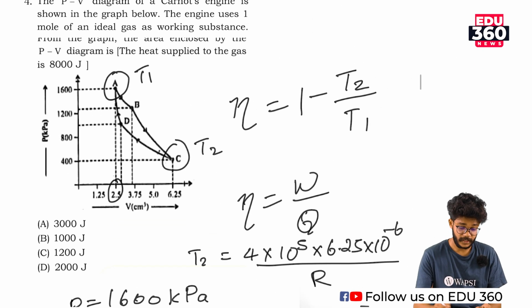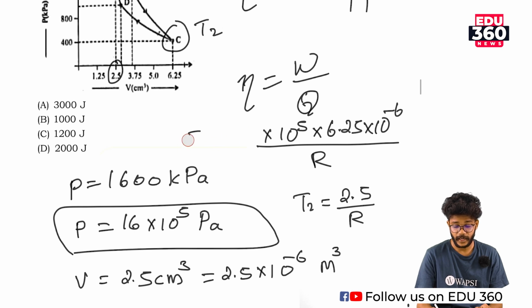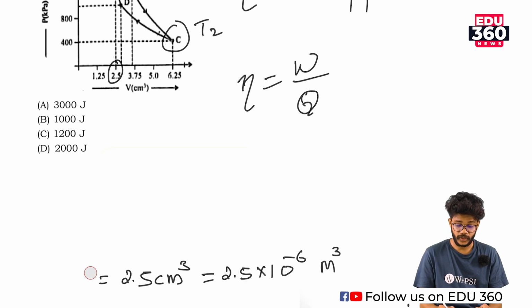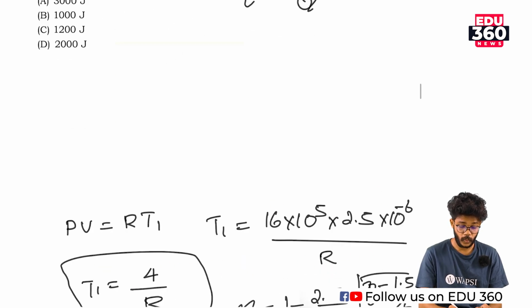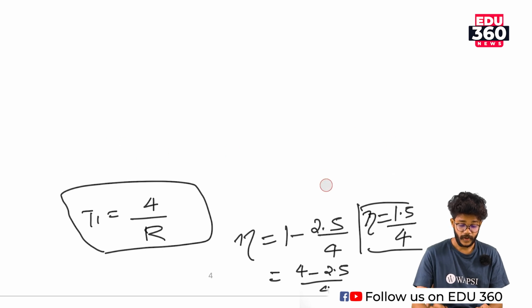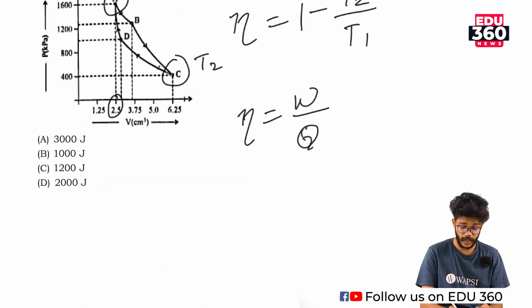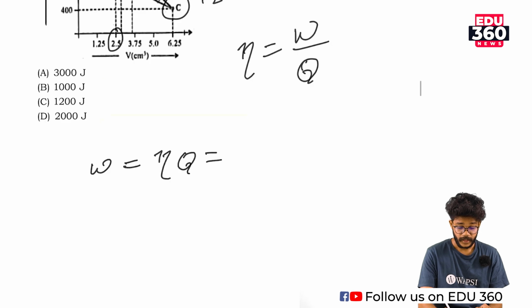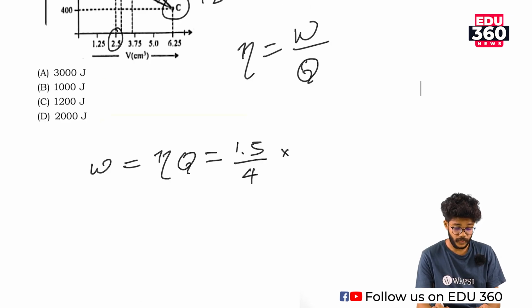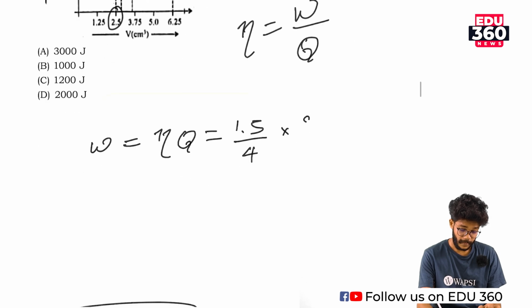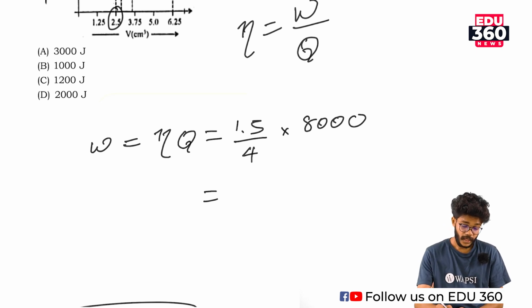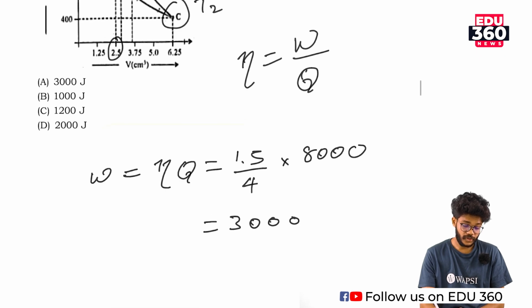Then we substitute that value inside eta is equal to work by Q. Q is given inside the question, and work we need to find. So work is equal to eta into Q, which is 1.5 divided by 4 multiplied by 8000. 8000 divided by 4 is 2000, and 2000 into 1.5 is 3000. So the answer is 3000 joule.